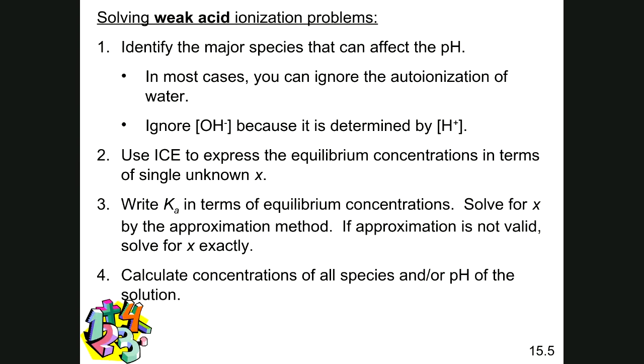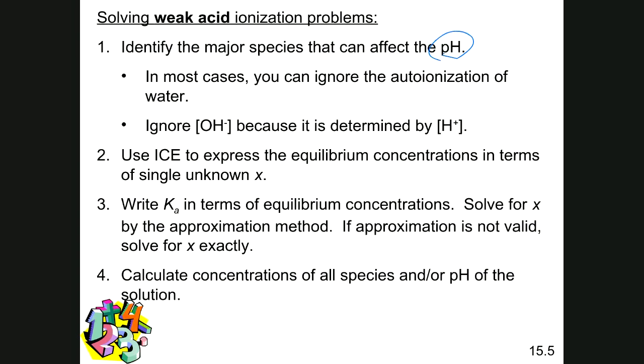Okay, I'll show you. So this is the summary of what we have been doing so far. Identify the species that can affect the pH. Water often is ignored, the H plus that is coming from water, because it's a very small value.